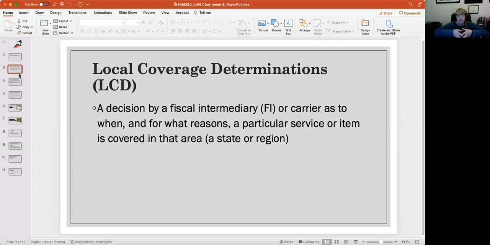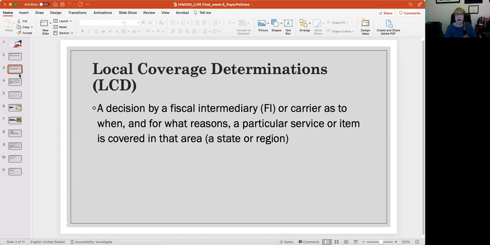That's the carrier, the individual carrier in that particular region or state. Okay? So in other words, something may be covered in South Carolina, but not in North Carolina or Kentucky, or it may be covered in Arizona, but not in Florida.